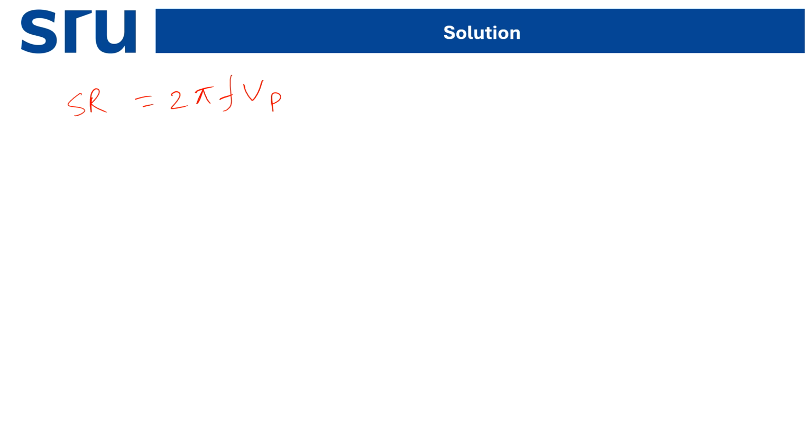So we can easily write the values here: 2 into the value of pi, which is 3.14, and then we'll multiply by the frequency, which is 40 kilohertz in this problem. So we'll write this as 40 kilohertz. Okay, and then we'll multiply this by 10, which is the peak value.